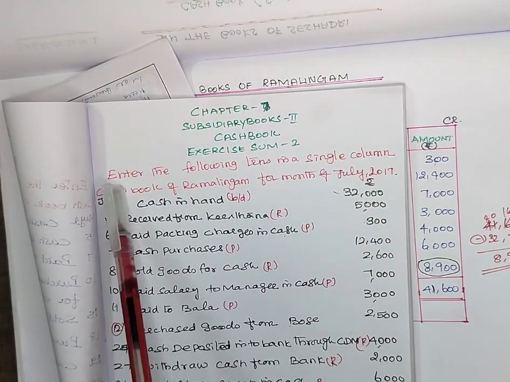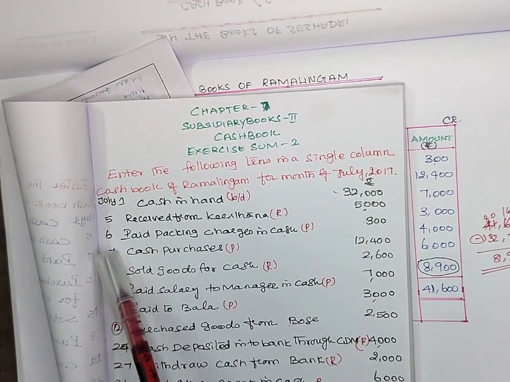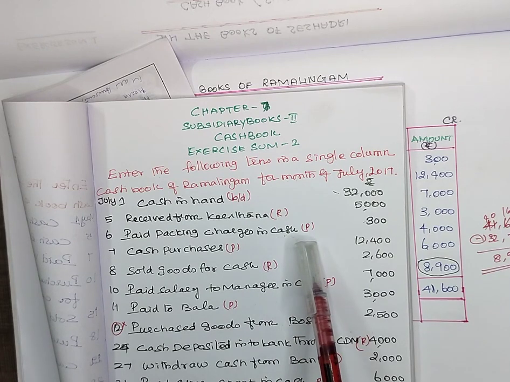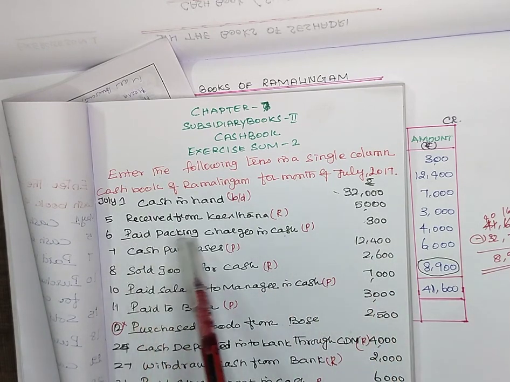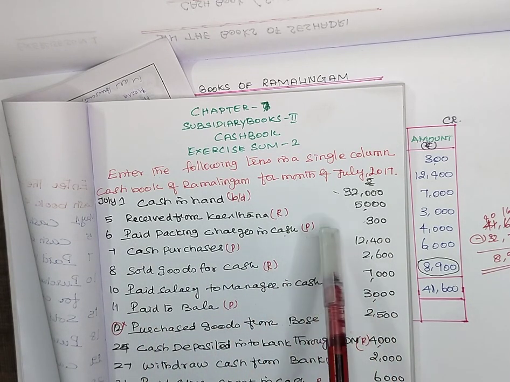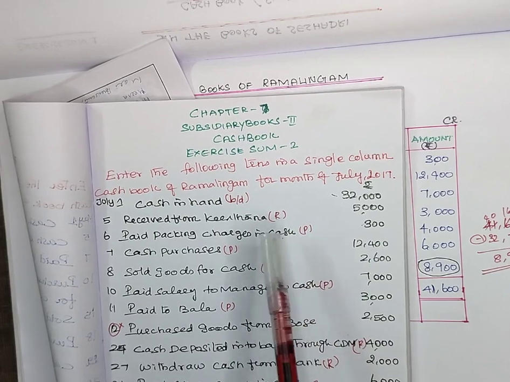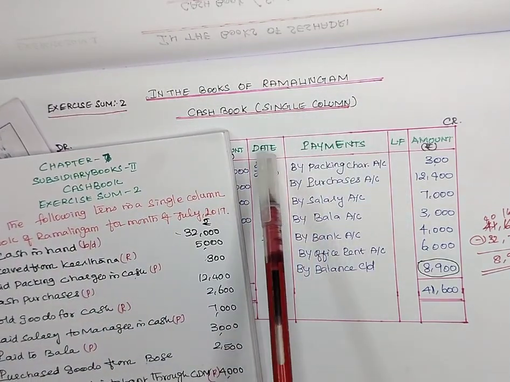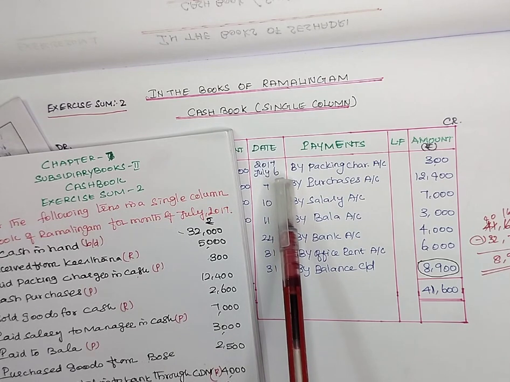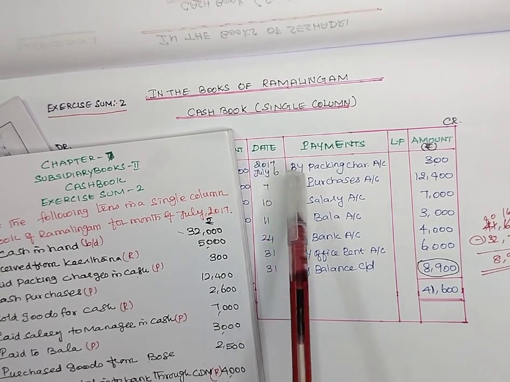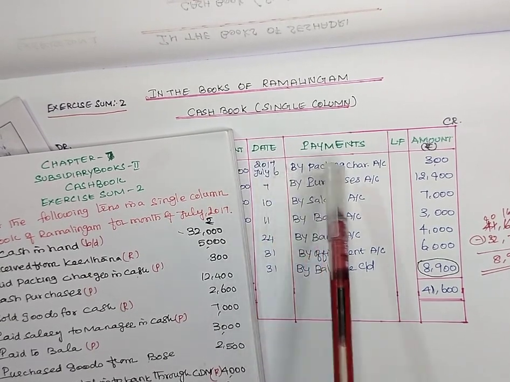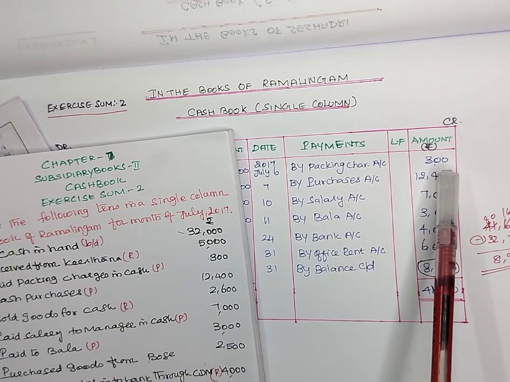Then the next transaction, July 6, paid packing charges in cash 300. Paid means you go and enter into the payment side, which is the credit side. July 6, 2017, by packing charges account 300 rupees.